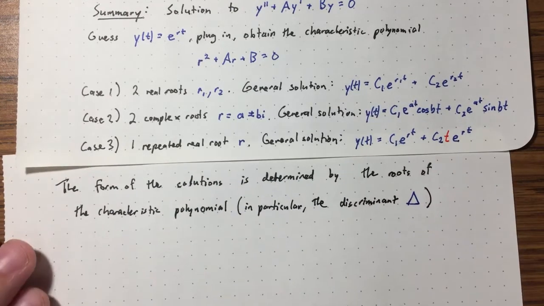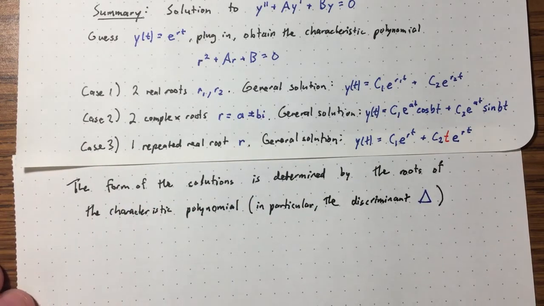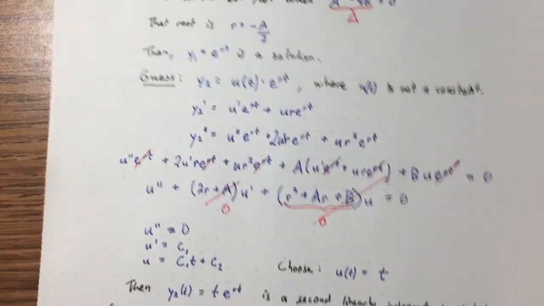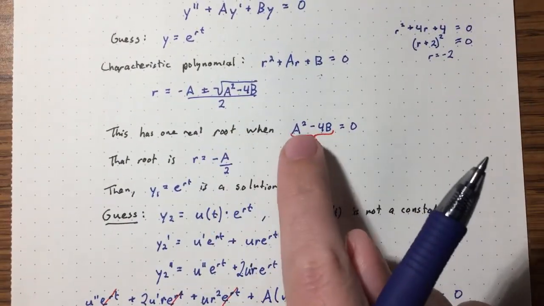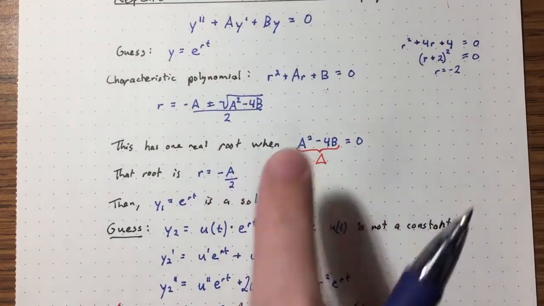So it's very cool. So what is our discriminant? In our case, if we have y double prime plus ay prime plus by, it's just a squared minus 4b.